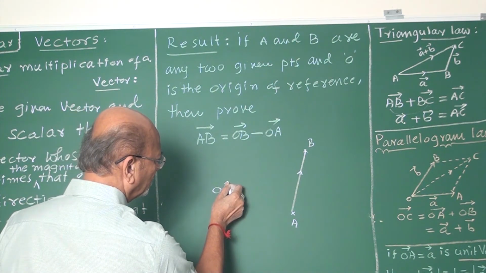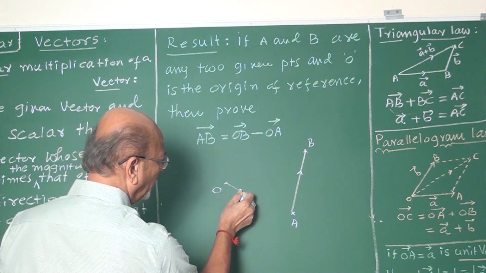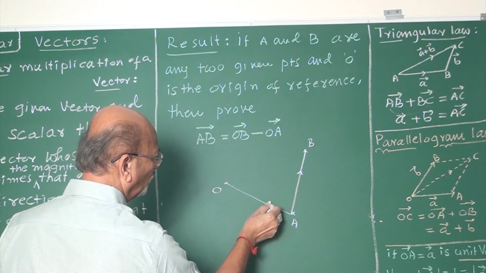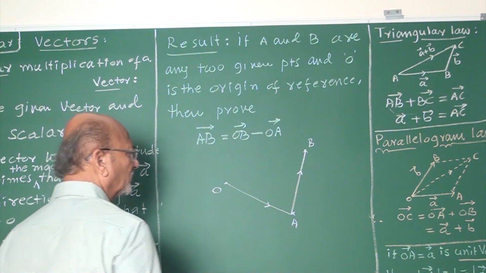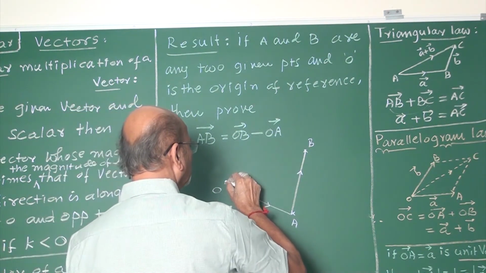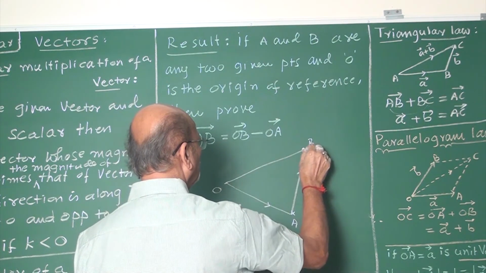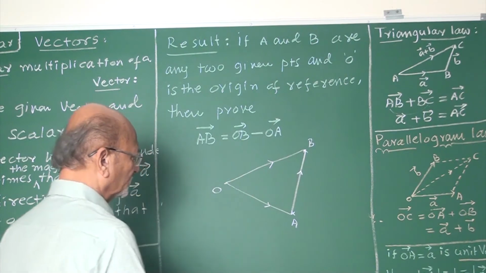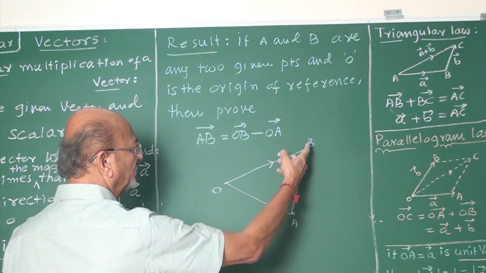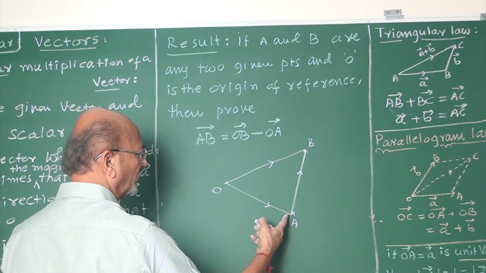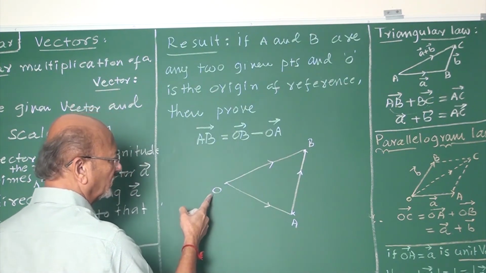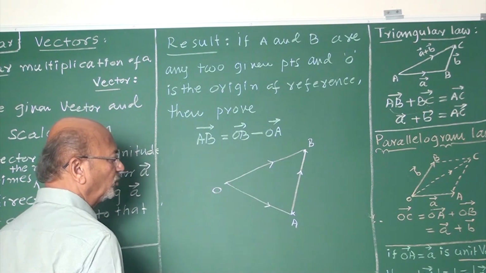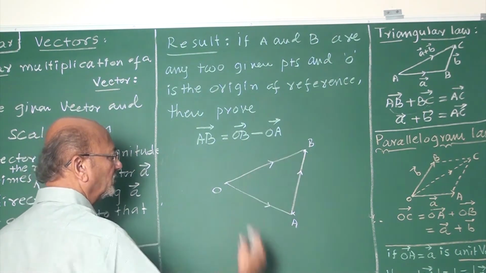This is vector OA, from O to A, and this is vector OB, from O to B. Then OA and OB are the position vectors of the points A and B.